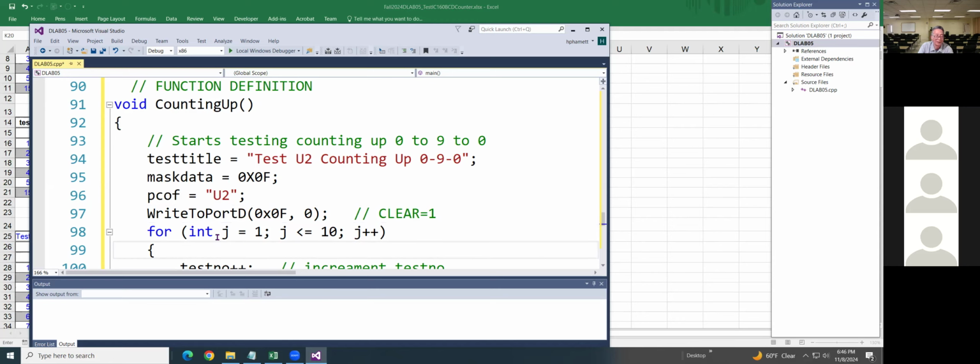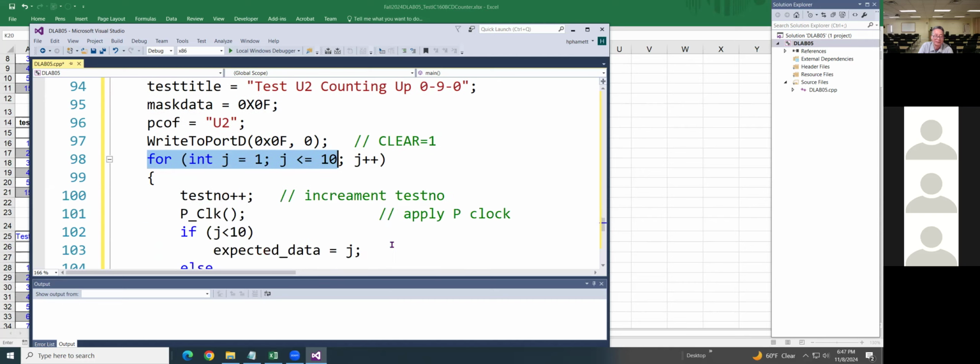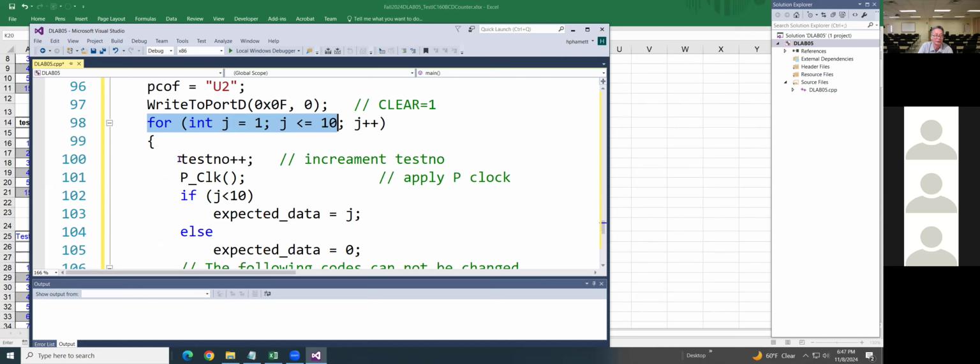Now, you start the loop for J equal 1. If J is less than or equal to 10, you increment J. That means J plus plus. First thing inside, you have to say that plus plus.